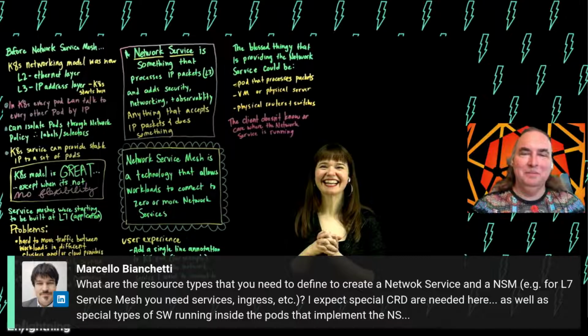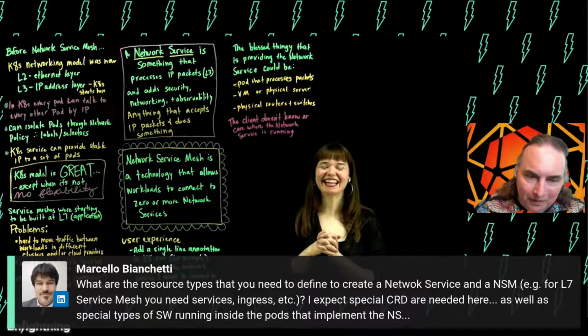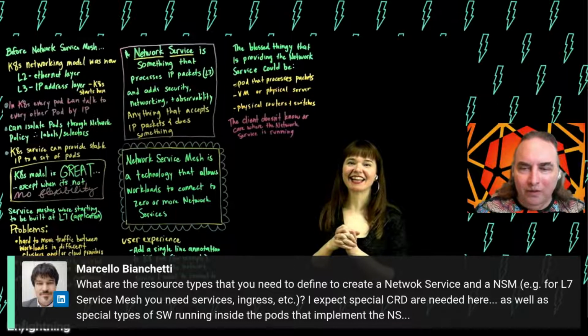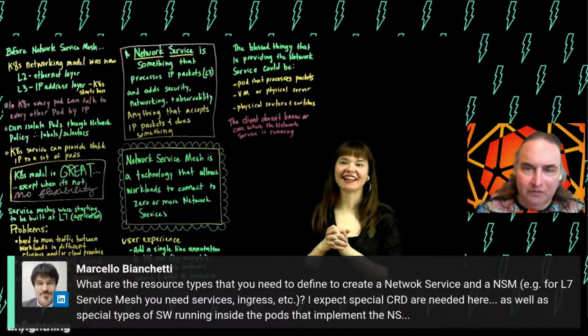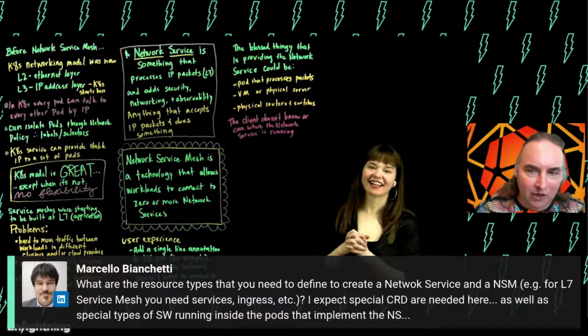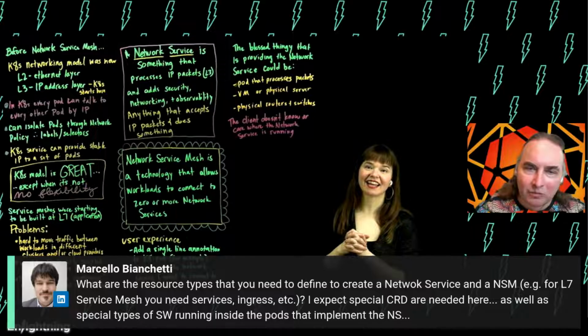So let me break this down bit by bit. One thing to understand about service meshes in general is that very often at the root of them, what you have is a registry where you can register the abstract services that are on offer, right?